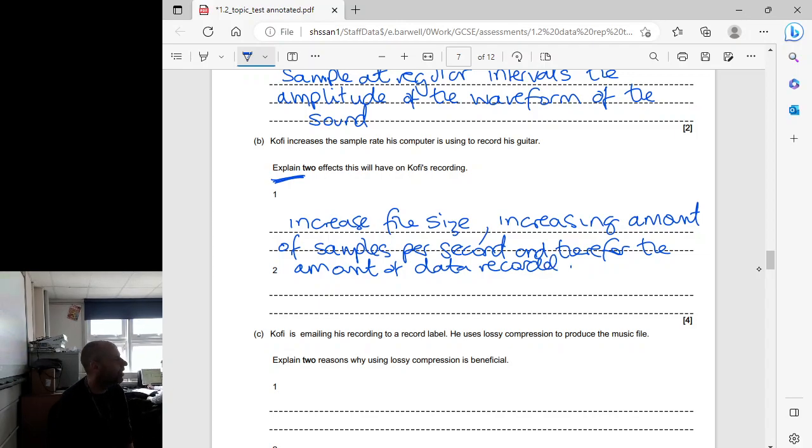Right, the second point. There are only 2 things you can really say for definite. You will have a more accurate recording of the sound. You'll capture higher frequency ranges.